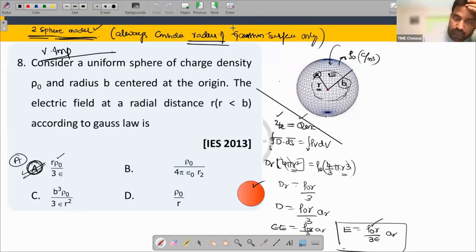Clear? Very good. Is there any lag in what I'm talking and what you are able to hear? Response is very, very slow.